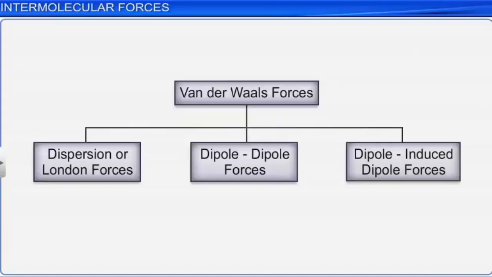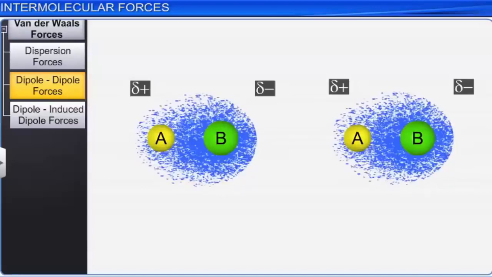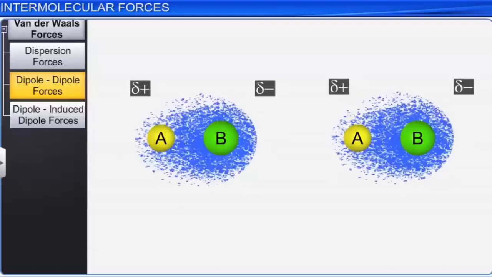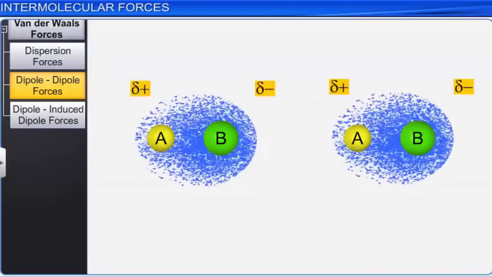Another type of intermolecular force is dipole-dipole forces. The dipole-dipole forces are attractive forces that act between the polar molecules with permanent dipole. The ends of the dipoles in a polar molecule possess partial charges, which are represented by the Greek letter delta.